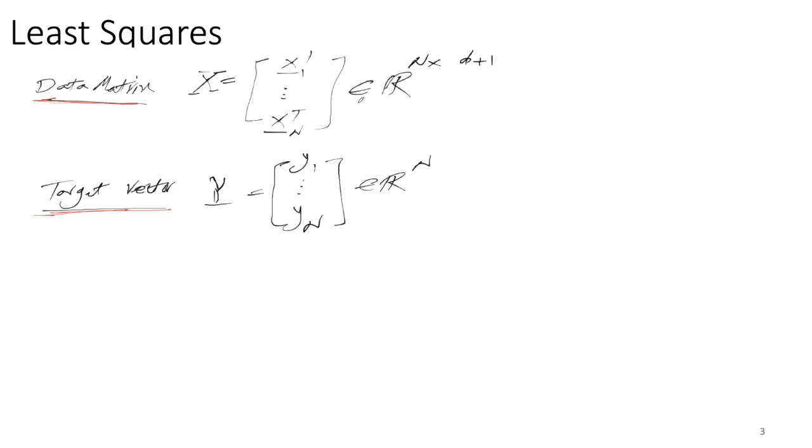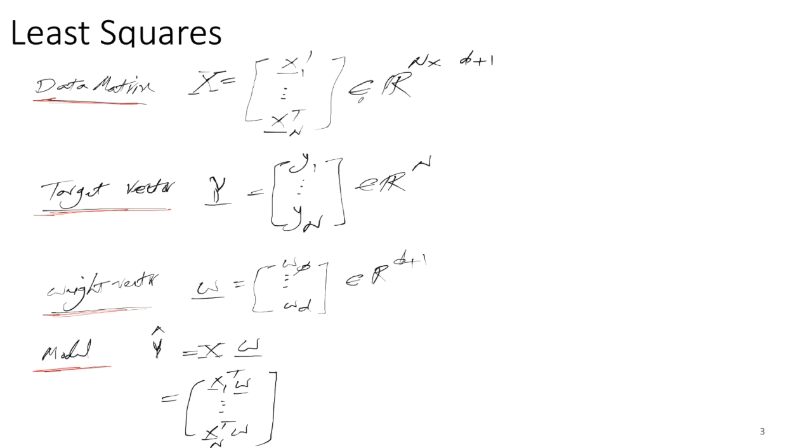Our target vector was y, including y1 up to yn, in R^n. The weight vector w starts from w0 up to wd, in the same dimensional space as your x's, which is why they are in d plus 1 space.